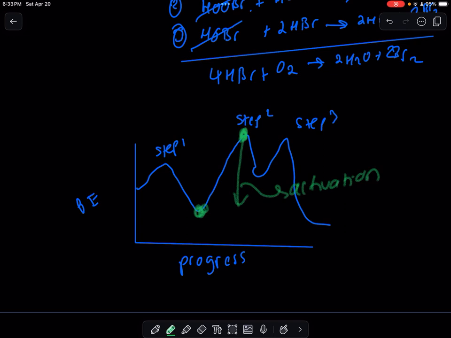So the higher the activation energy, the greater the amount of energy needed for a successful collision, and the slower the rate of reaction. This is also known as the rate determining step. The slowest step of the reaction, which is step 2, is the rate determining step.